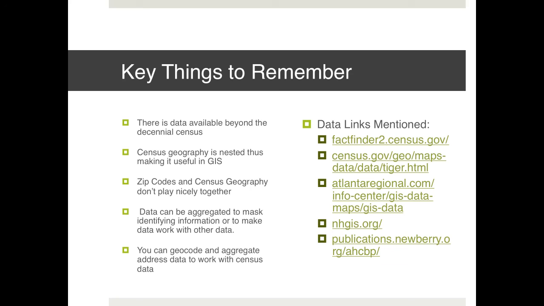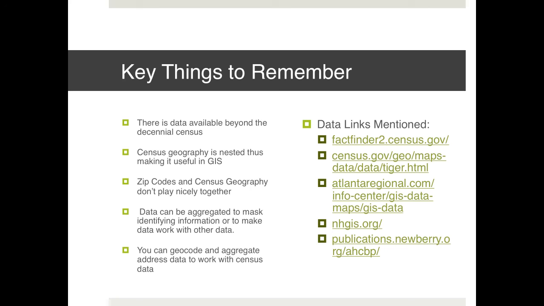Census geography is nested, thus it's very useful in GIS processing. Zip codes and census geographies don't play nicely together, but there are strategies around it, either the ZCTAs or doing something with address geocoding. And data can be aggregated to mask identifying information or make data work with other data. That's another reason to do aggregation.